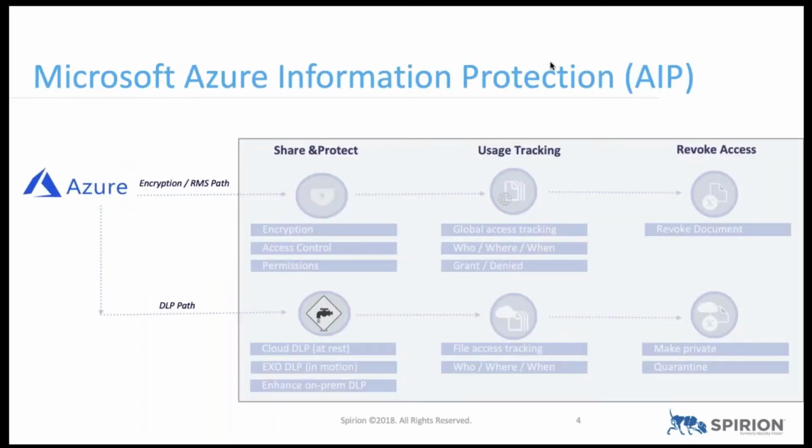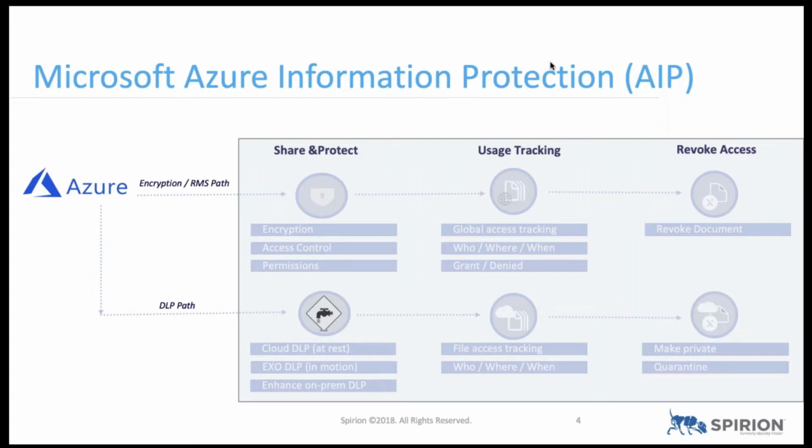So let's start really with the question of, what's the purpose of talking about accelerating your adoption of AIP MIP? Well, you may be thinking about using it. You may already be using it, depending on which of the tiers of service of Microsoft you have. In order to get access to AIP MIP, first of all, you have to have at a minimum their E3 license.